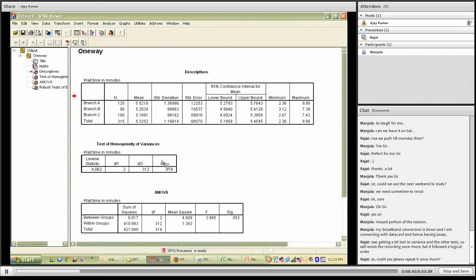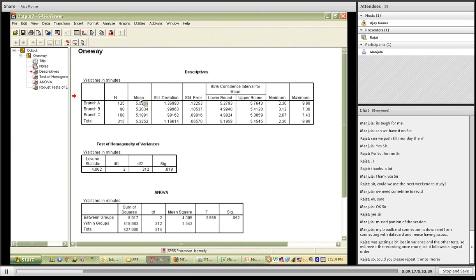So we will conclude that variance of these three groups are not equal, because null hypothesis is rejected here. Null hypothesis was that there is no difference between the variances of these three groups, but as it is rejected because the value of P is less than 0.05, we would say that the variance of these three banks, at least in case of their waiting time, is not equal.